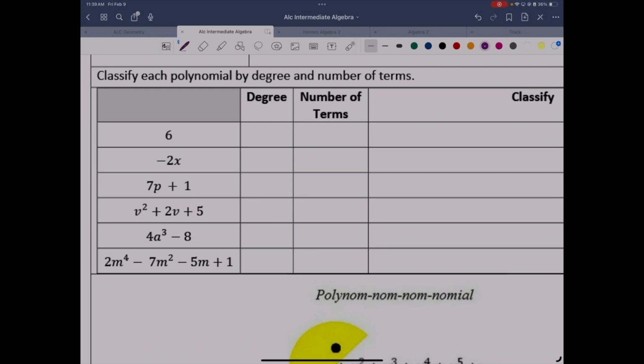So if we look at 6, 6 is just a number. So technically it is 0 degrees. And it has no degrees. How many terms are there? 1. So we've got no degrees and 1 term.